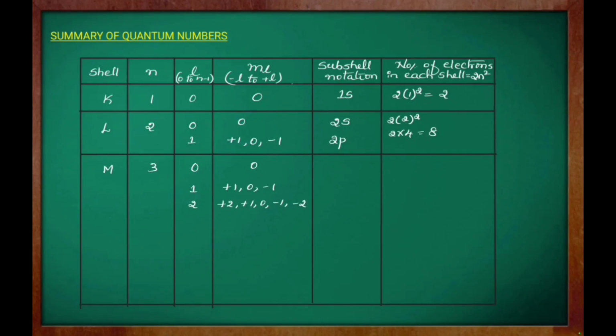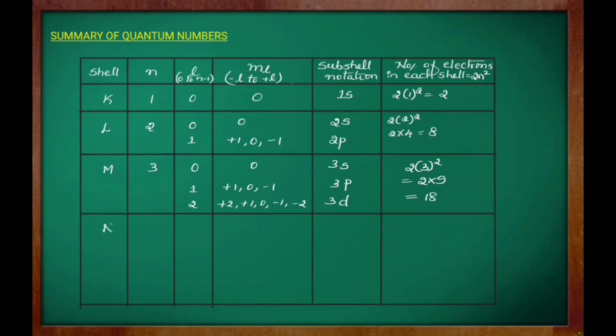The subshell notations corresponding to L is equal to 0 is s. Corresponding to L is equal to 1, it is p. And corresponding to L is equal to 2, it is d. So since they belong to M shell, it is 3s, 3p and 3d. Calculation of total number of electrons, it is 2n square, n value is 3, it is 2 into 3 square, which is equal to 2 into 9 and total electrons is 18.